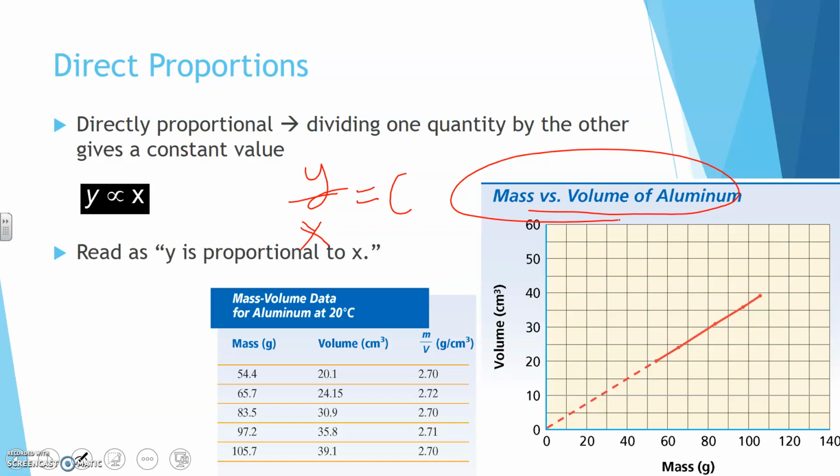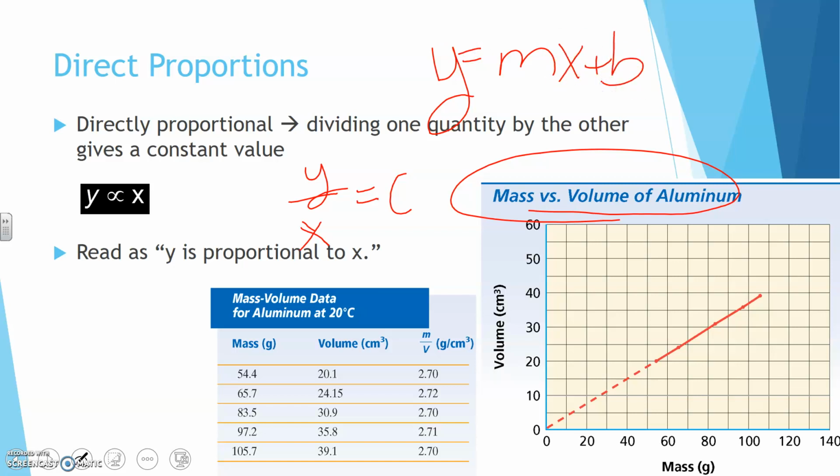This is a straight line going up because your volume and your mass are increasing at the same time. If you were to calculate the formula for this line, you'd get one in the format of y equals mx plus b.